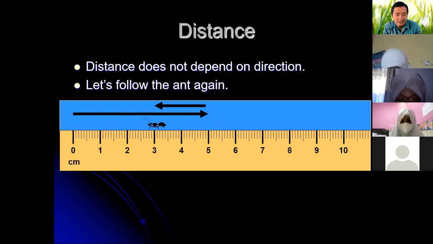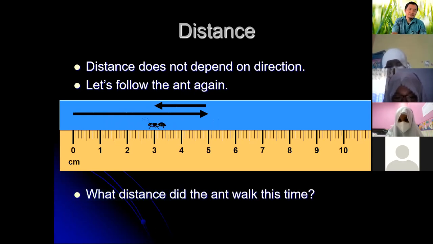There are 2 directions, from left to right and then from right to left, with different magnitude. So what is the distance? I think it's 7.